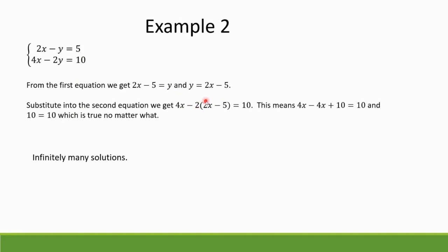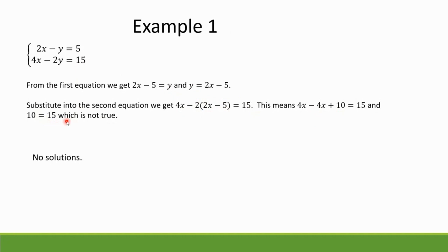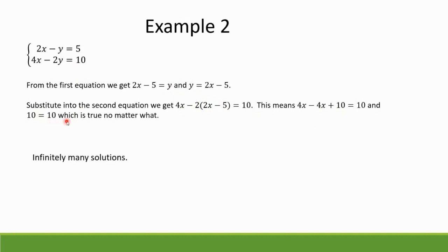Well, we distribute, we get minus 4x plus 10. So the equation becomes 4x minus 4x plus 10 equals 10. Well, that's interesting. The 4x's cancel. We get 10 equals 10. It's kind of like the opposite of this case. This is true no matter what.